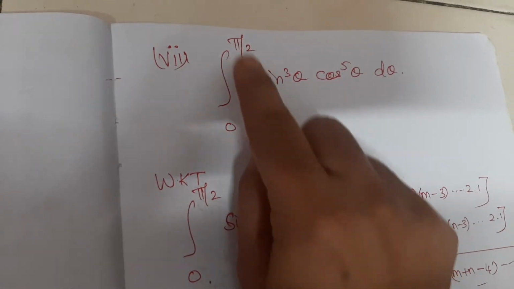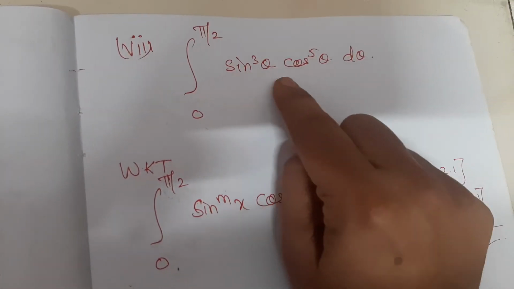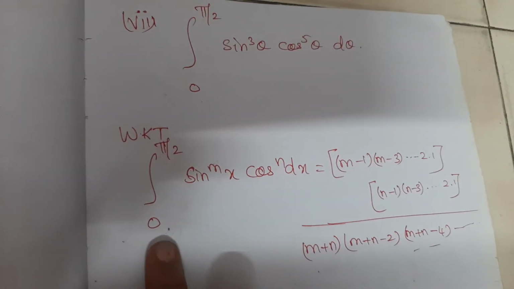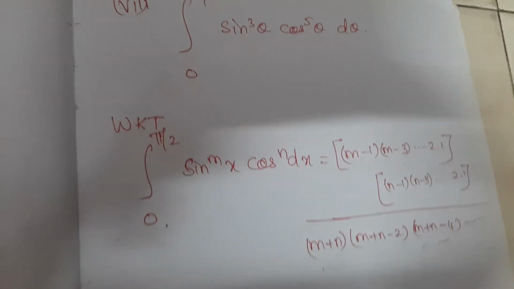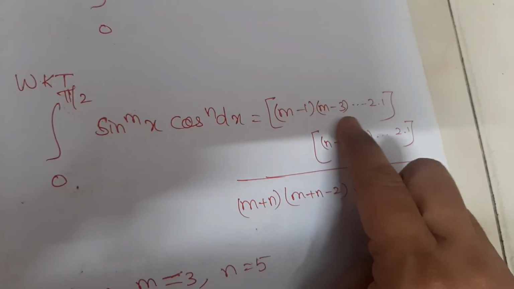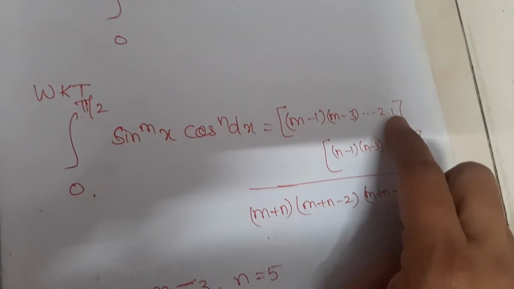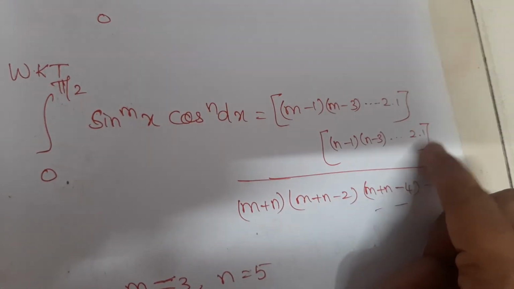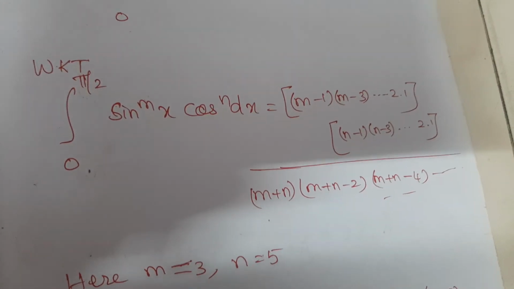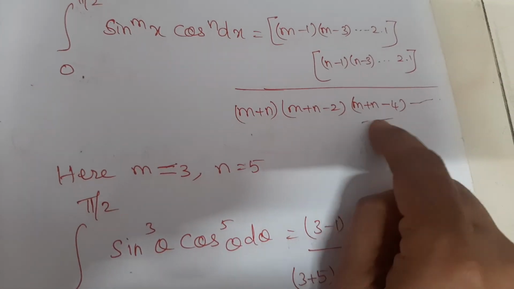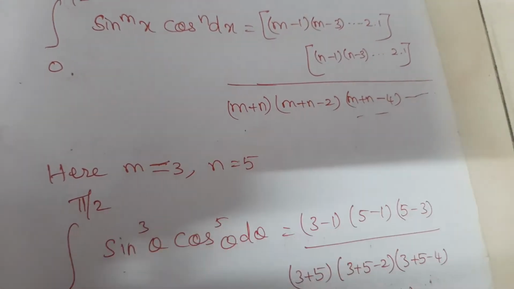Then 8th one, integral 0 to pi by 2 of sine cube theta cos power 5 theta d theta. So we know that integral 0 to pi by 2 of sine power m x cos power n x dx is equal to m minus 1, m minus 3, dot, 2 into 1, divided by n minus 1, n minus 3, dot, 2 into 1, by m plus n into m plus n minus 2, m plus n minus 4, dot, it goes on.